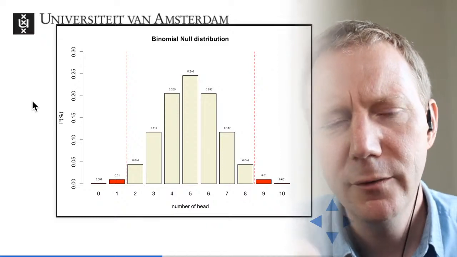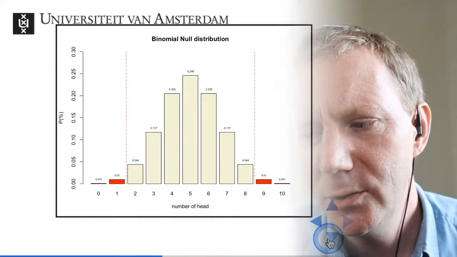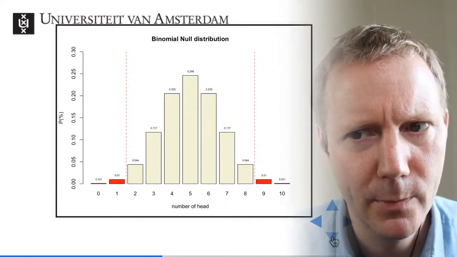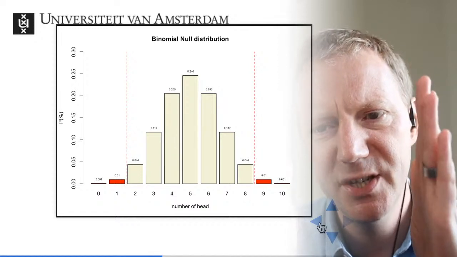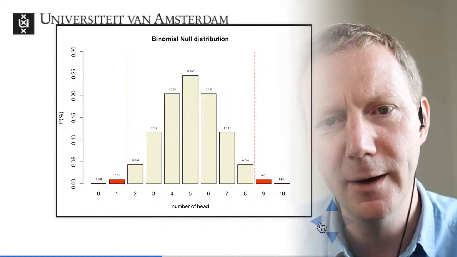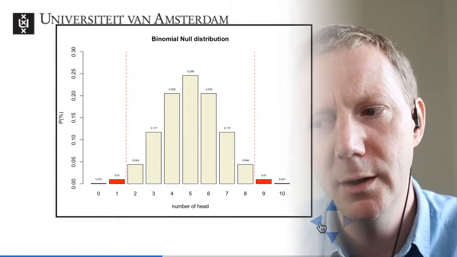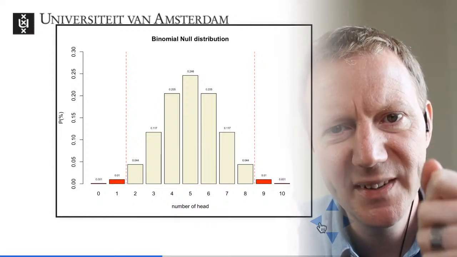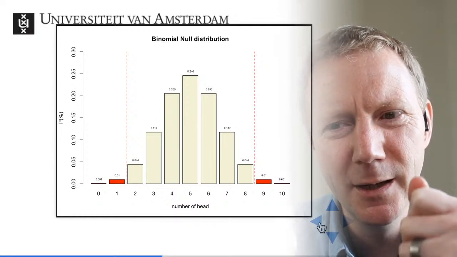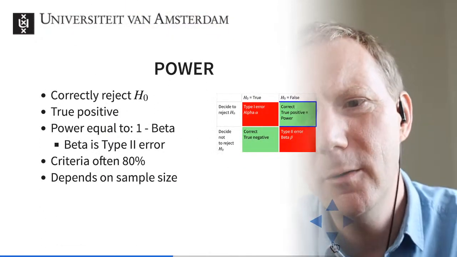So we're going through the decision table, but what you have to keep in mind is that we determine our threshold for our decision based on alpha. So our vertical boundaries, they're set now. We will take these boundaries to the next step. And the next is, what is the power?